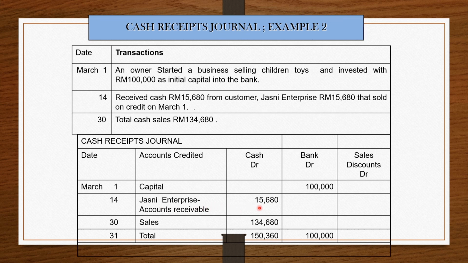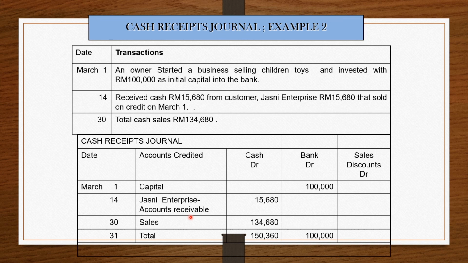So debit cash because it will increase cash account, and credit Jasni Enterprise, which represents account receivable. And the last transaction, cash sales. So debit cash Rm 134,680, credit sales. Sales represent revenue, so it will increase revenue.